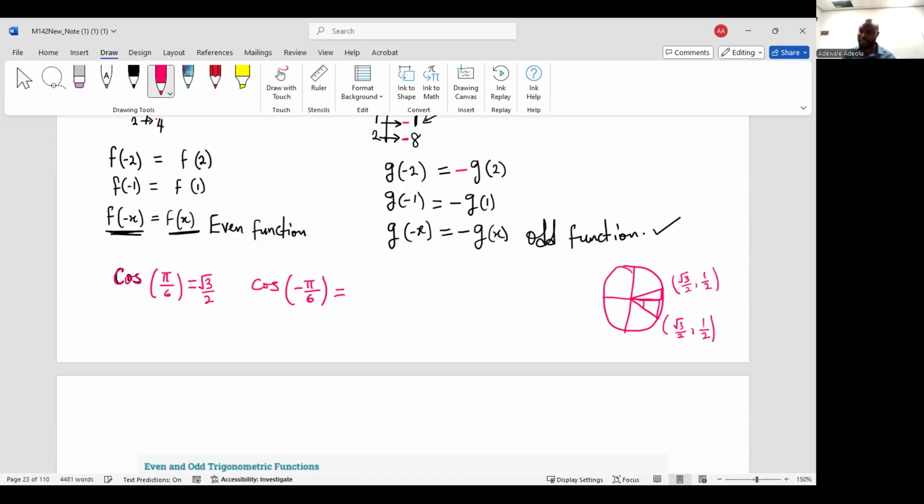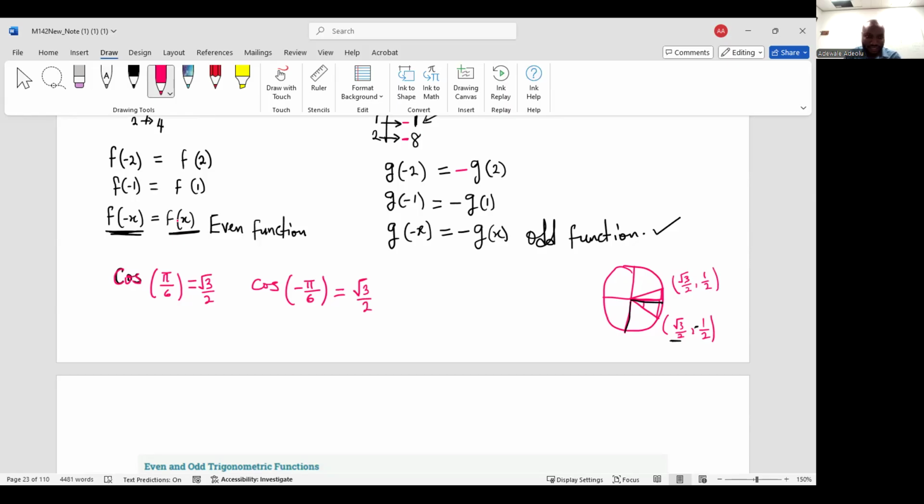We have learned this in the past. Now, in this quadrant, x is positive and y is negative. So it turns out that cosine of negative pi over 6 is still root 3 over 2.